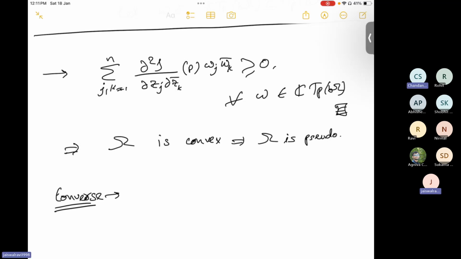No. In C, if you choose a non-convex set, that is why I have given one remark. If you take any domain in C which is not convex, by definition it is pseudo-convex.